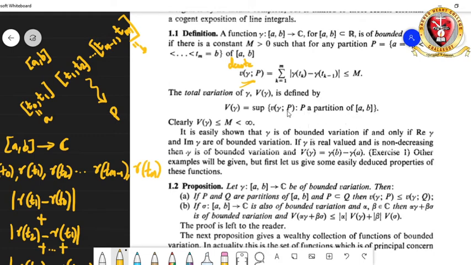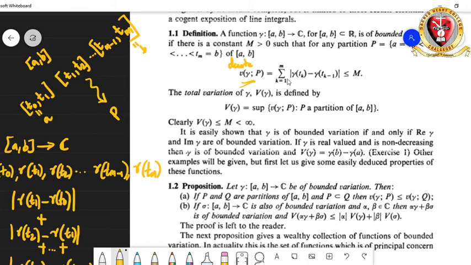That means we have to take every partition of [a, b], find the corresponding sums, and find the least upper bound of all such sums. That is called V(gamma), and V(gamma) is definitely less than or equal to M.